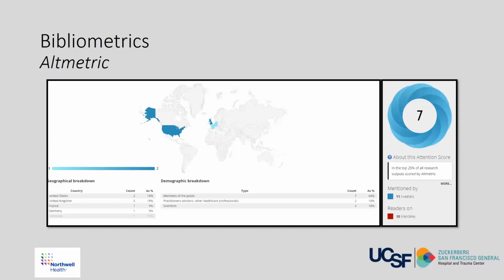If you look just down below the blue ring, it says this particular article was in the top 25 percentile of all research outputs scored by Altmetric. And further below, it was mentioned by 12 tweets from 11 users, which equals over 16,000 followers. It's actually closer to 17,000 followers.